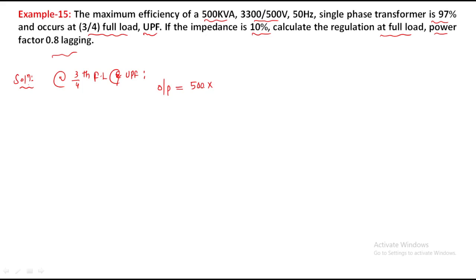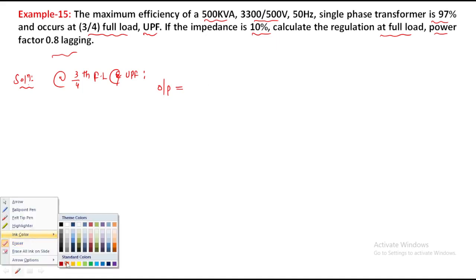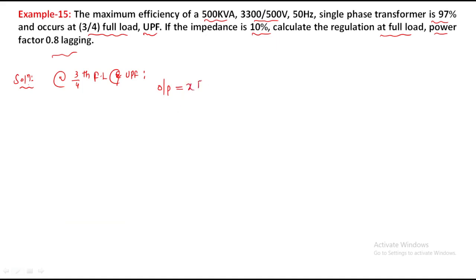So output is x into E2 I2 into cos phi 2, output by input, right? What is x? 3/4. E2 I2 is what? 500, into power factor, which is 1, which is equal to what? 375 kilowatts.